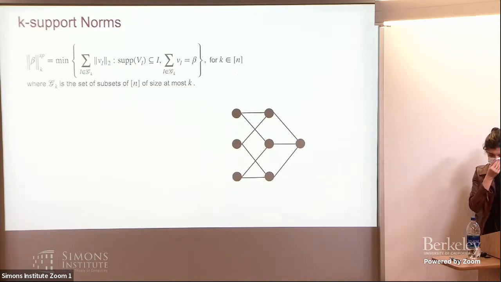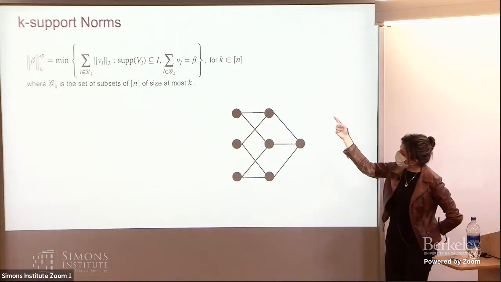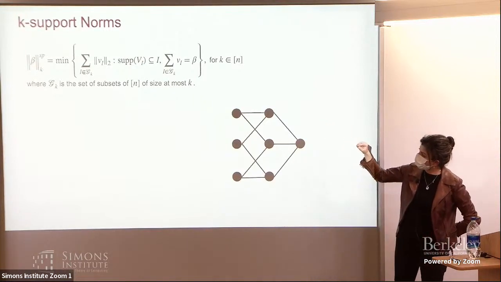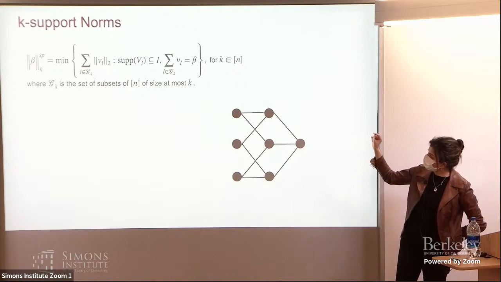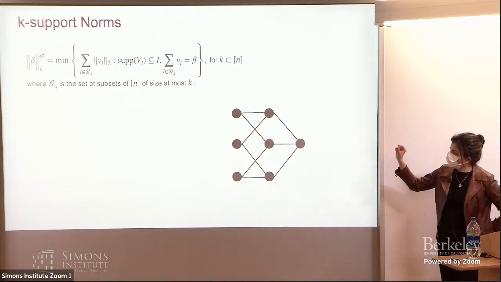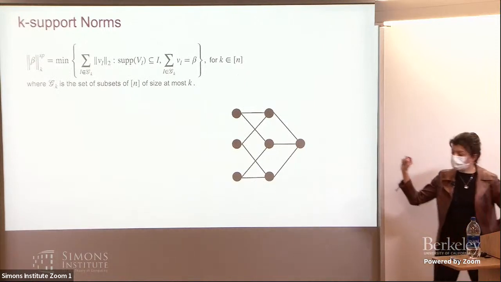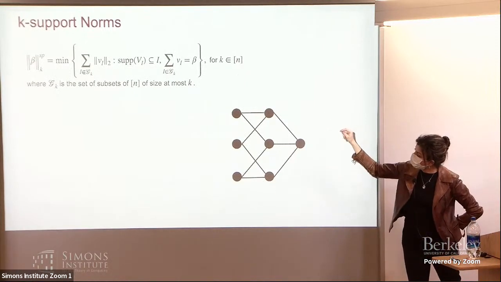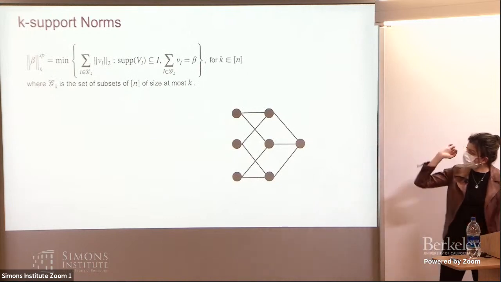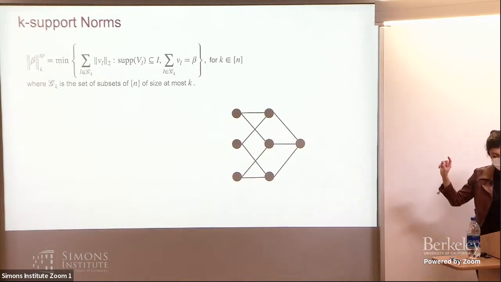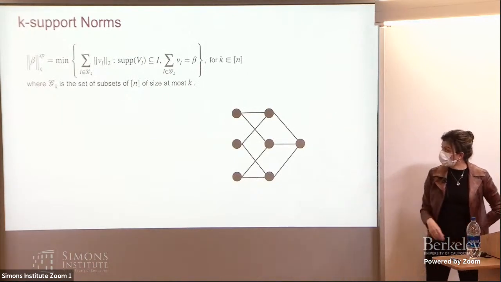The last example that I'm going to talk about is the K-support norms, which are defined as follows. This is like a summation of L2 norms between different subsets of 1 to n, such that the support of each of these elements is in I, where I is the subsets of n. And the summation of all of them constructs beta.